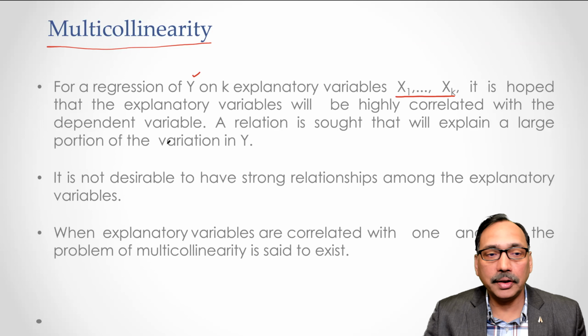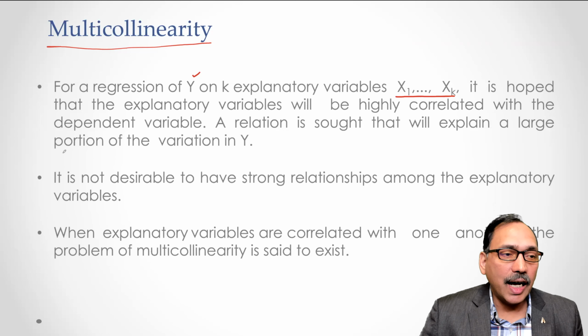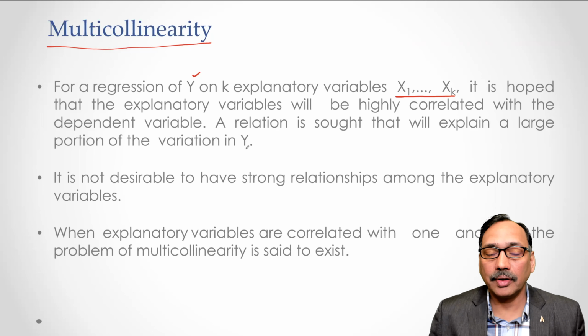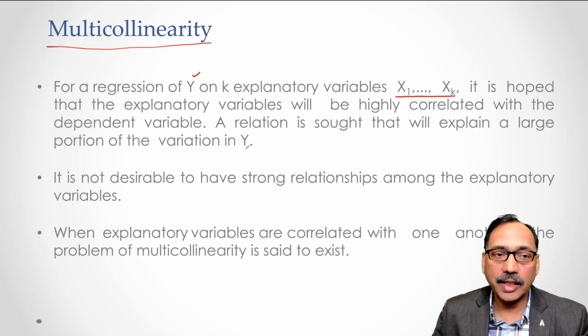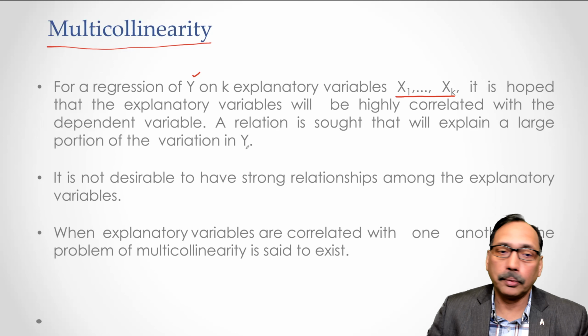That's what we want. A relation is sought that will explain a large portion of variation in y. Our R square should be very high if it is explaining a large part of the variability. So that's what we hope for.